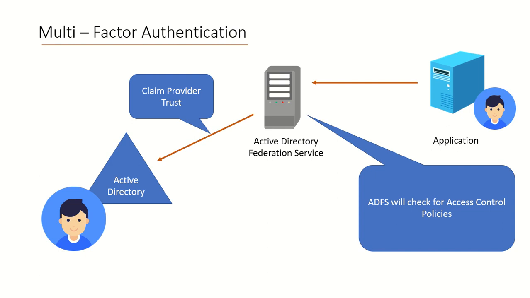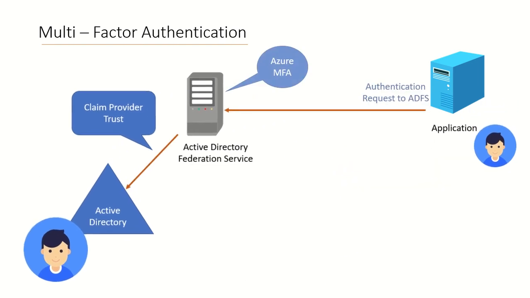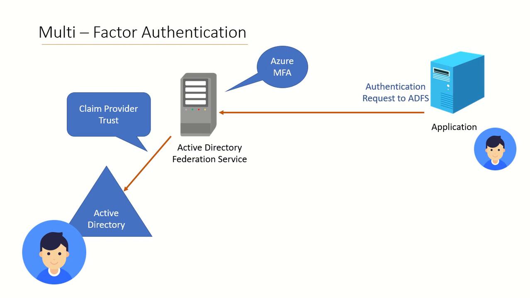But if you have any policy that is configured to trigger MFA, ADFS will trigger MFA. Now, in our case, since we will implement this with Azure MFA, an MFA request will be triggered by ADFS before providing a token to an application.